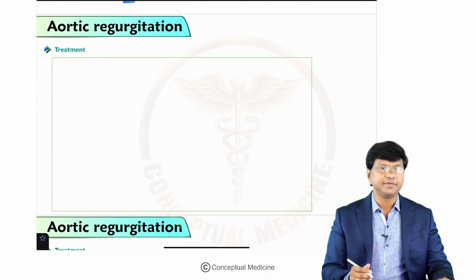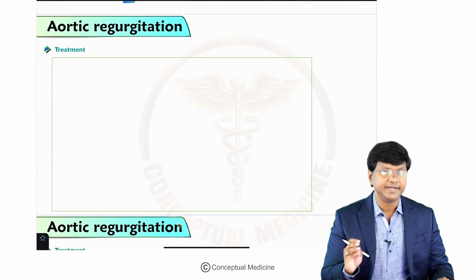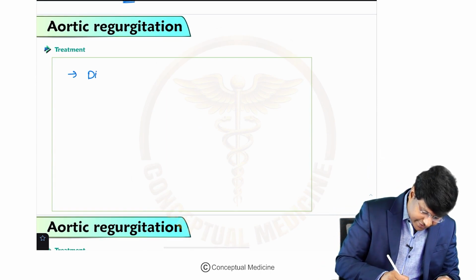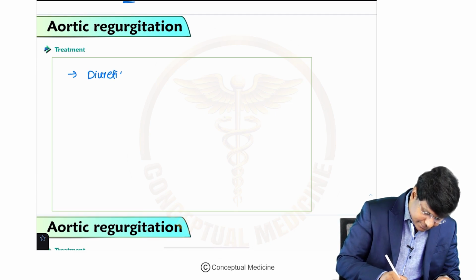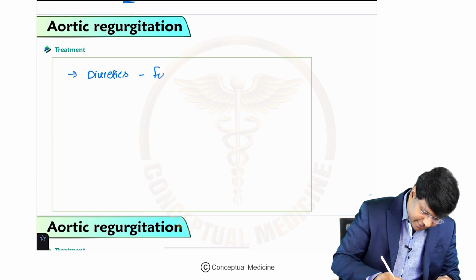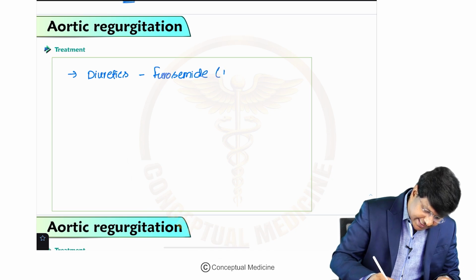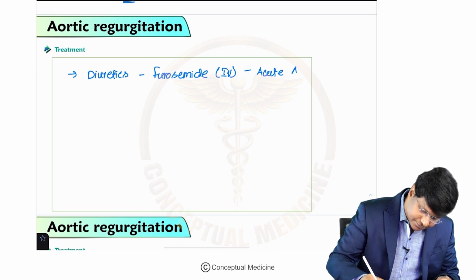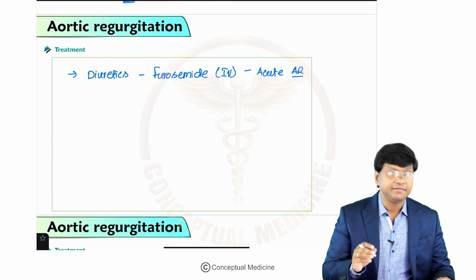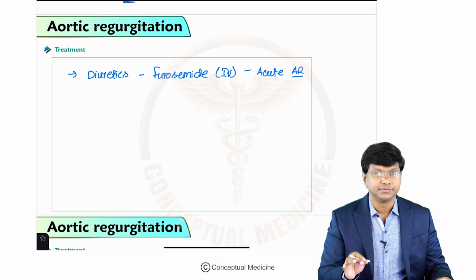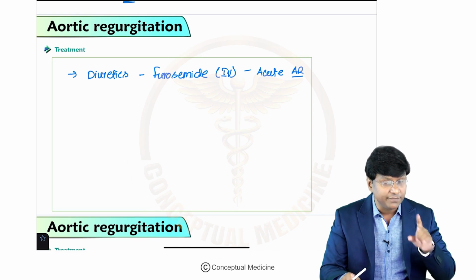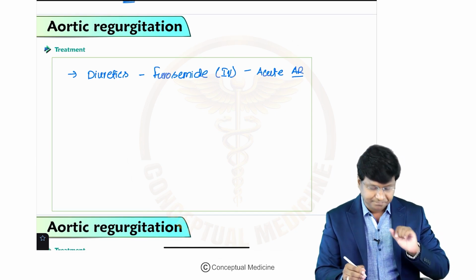Now, if you see the treatment in these individuals, we have the medical management as well as the surgical treatment. See, in medical management, you need to give diuretics, so we give furosemide. If it is acute aortic regurgitation, we need to give diuretics, that is furosemide.